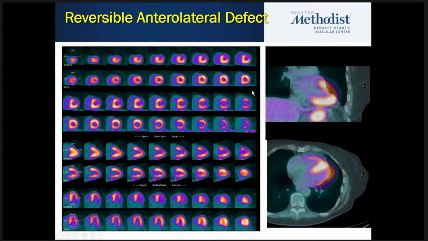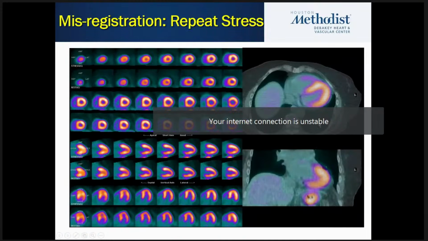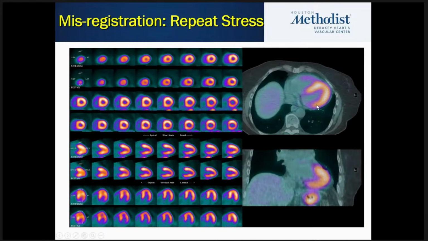So it is very important to keep this in mind while doing cardiac PET or any other hybrid imaging, taking into account this fusion between the perfusion imaging and the CT images.